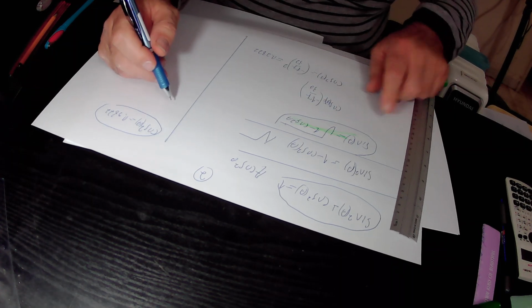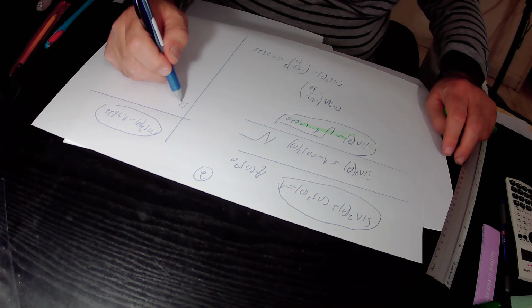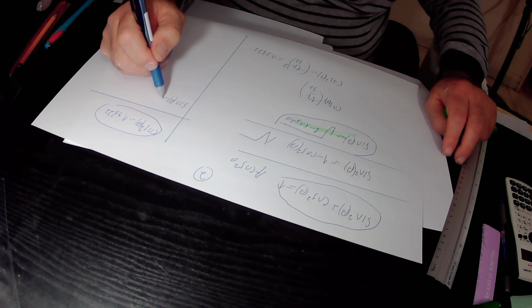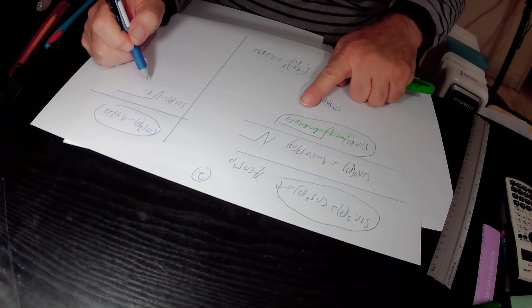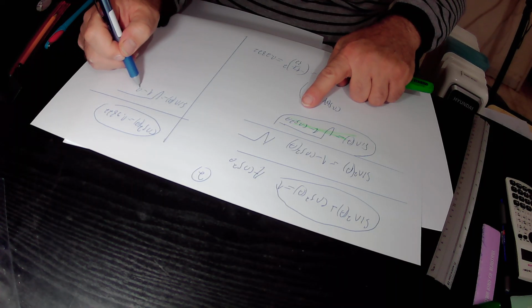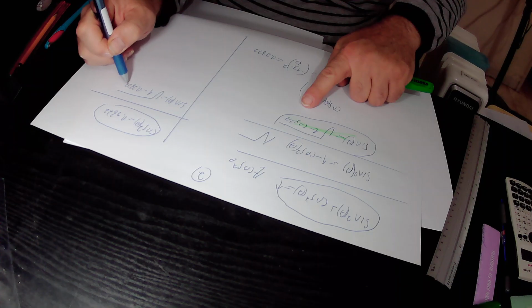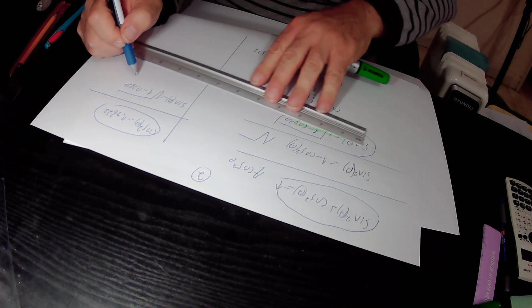We do it now, and we get that sine theta equals the square root of 1 minus cosine square theta, that is actually 0.2822.